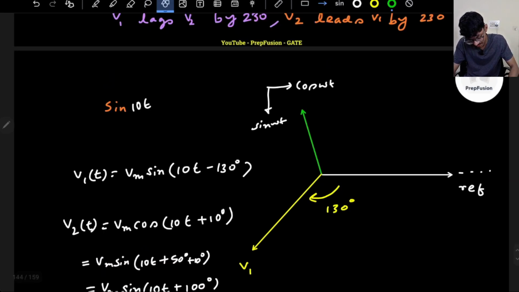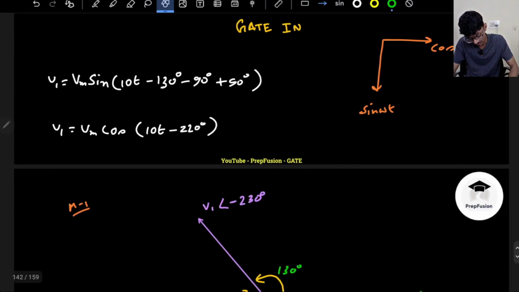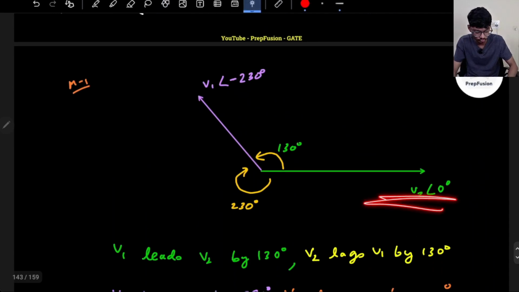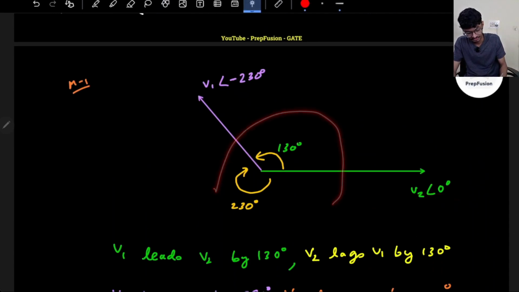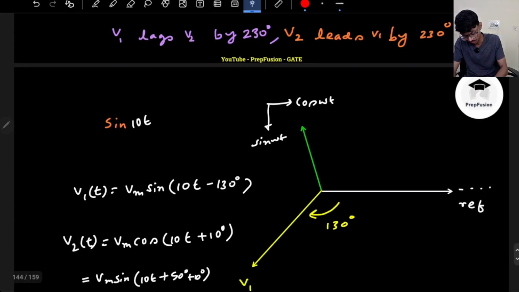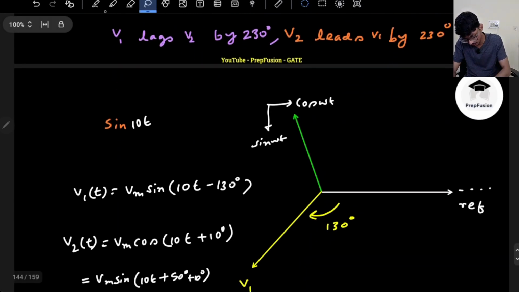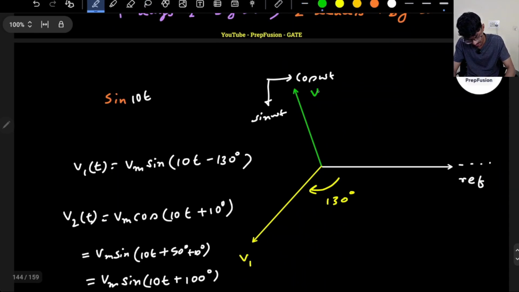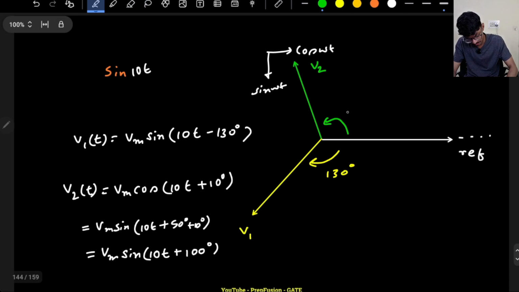Isn't this the same, a similar phasor diagram only? The difference is that here my reference was V2, so we have shifted this whole thing. If I shift this whole thing to the right-hand side, it will be something like this only. So from here as well, you can directly say which one is leading and which one is lagging.